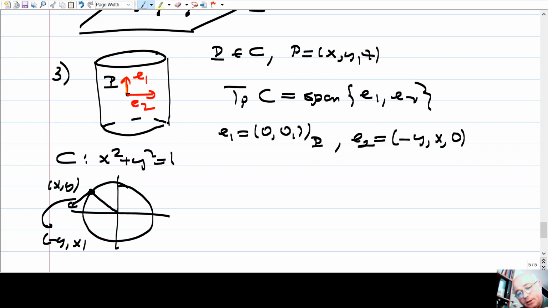Well, the x coordinate is negative, y coordinate is positive, and for this one, both coordinates should be negative. X was already negative and y was positive. Now it is negative. So this is the correct choice. This is also perpendicular to this vector, but this is not the right choice: y, minus x.